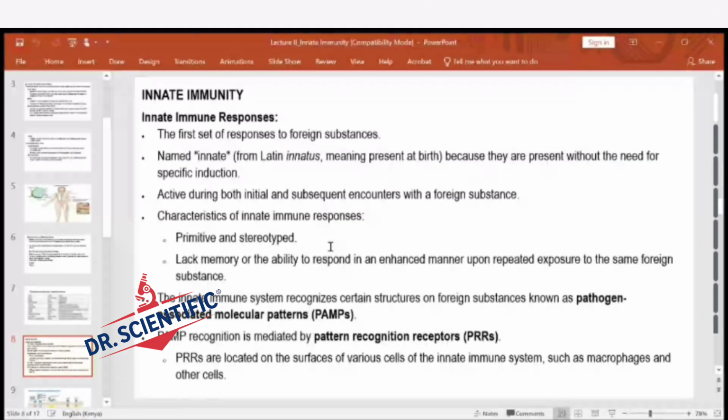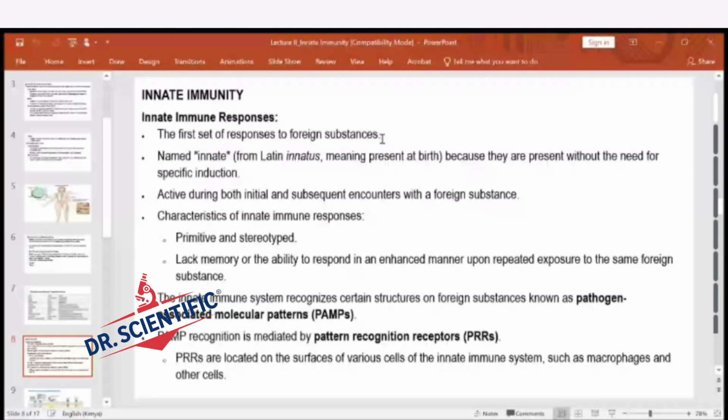The innate immune responses, their main role, of course, is to be the first line of response, as some of you were calling it in the previous class, to foreign invasion.